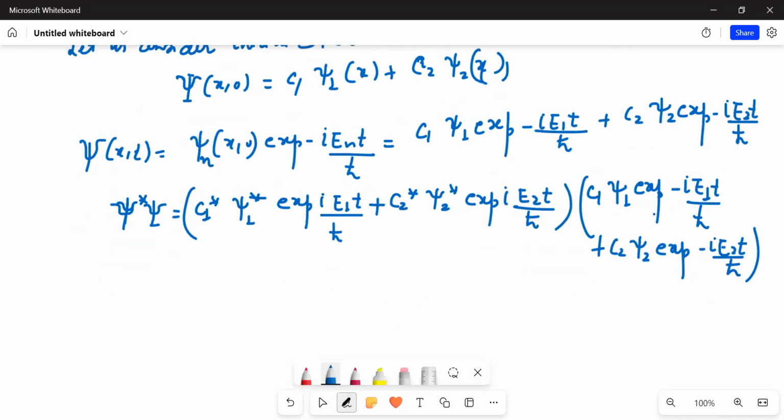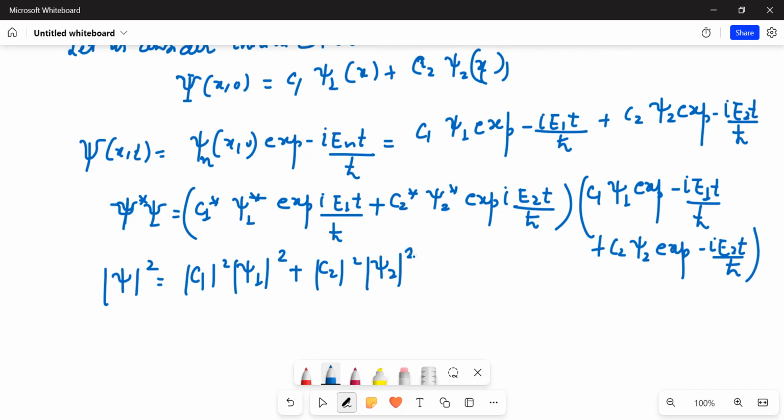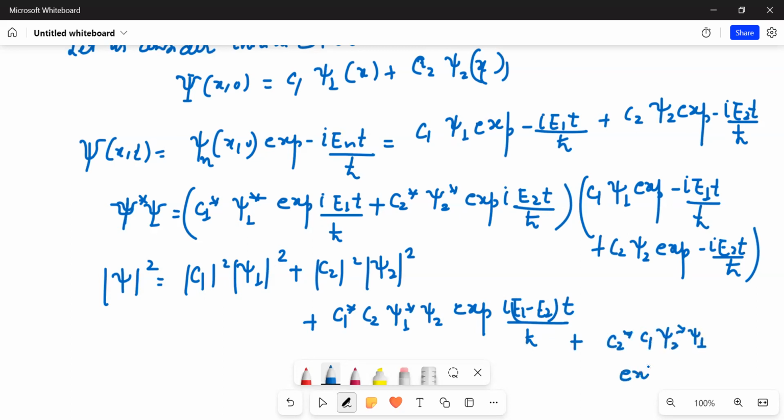Now if you see, if I take this and this, it will become C1 mod whole square psi1 mod whole square plus C2 mod whole square psi2 mod whole square, and the remaining terms will still remain. So C2 star C1 psi1 star psi2 times exponential of iota (E1 minus E2) t upon h cut, plus C1 star C2 psi2 star psi1 times exponential of iota (E2 minus E1) t upon h cut.